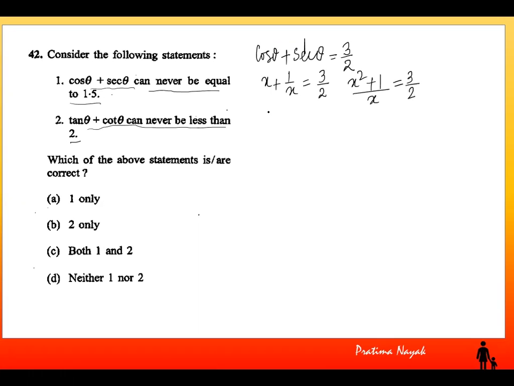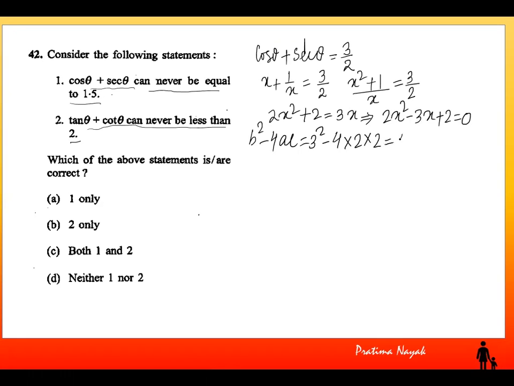If I make it quadratic, it will be 2x square plus 2 is equal to 3x, or 2x square minus 3x plus 2 is 0. If you try to solve it, you cannot solve for x. There is no real value. Why? You know the discriminant b square minus 4ac is here 3 square minus 4 into 2 into 2. It will be 9 minus 16, which is negative. So it has no real root.